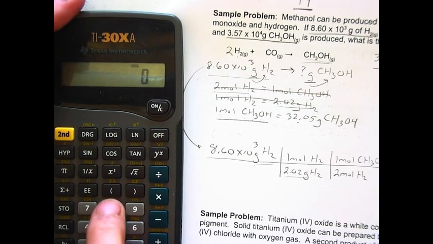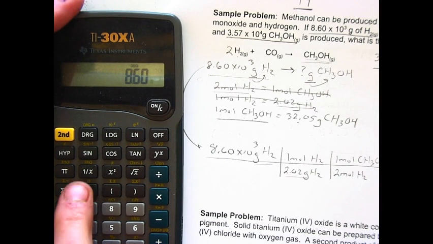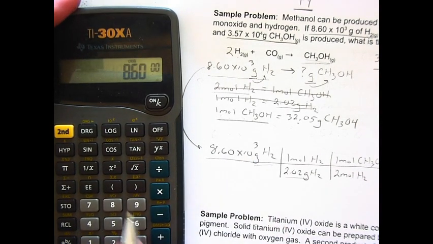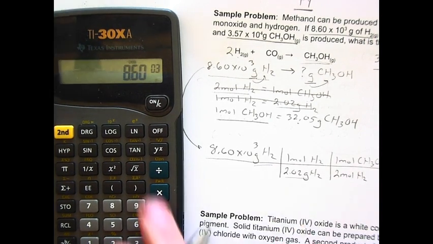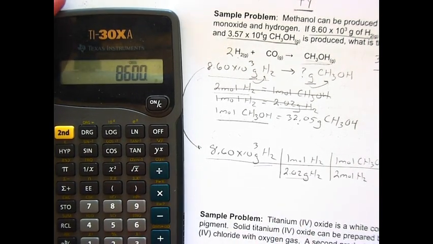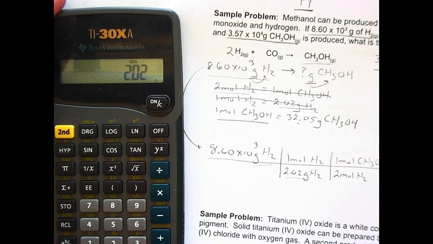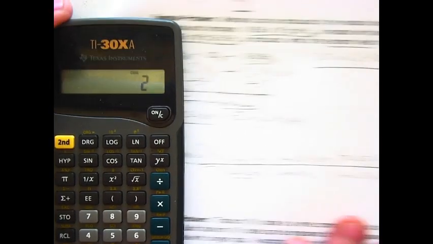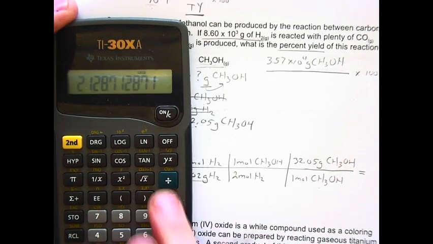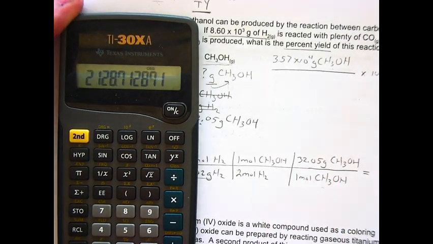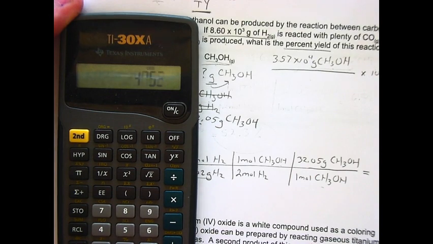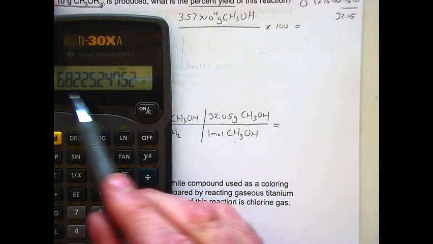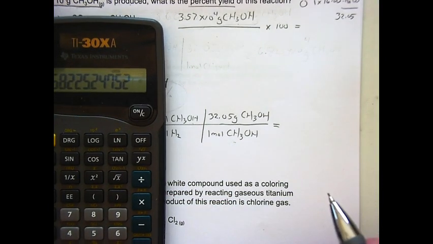So we have 8.60 EE 3. It's on the bottom, so we divide by 2.02, divided by 2, times 32.05, equals. Now we want this in scientific notation and in correct number of significant figures.